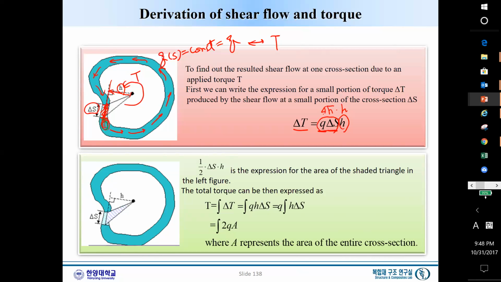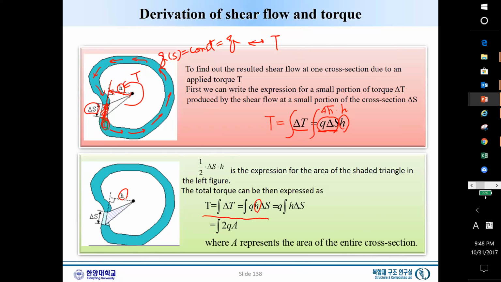Okay, so now we integrate all over the S, and that will give us the total torque T applied to this section. So from this above, we have Q of S and H and delta S. Please pay attention to H. What is H?